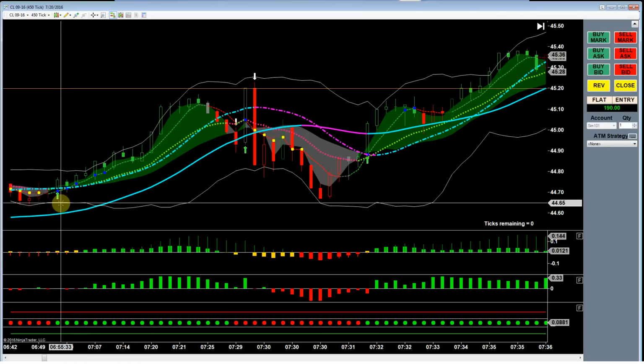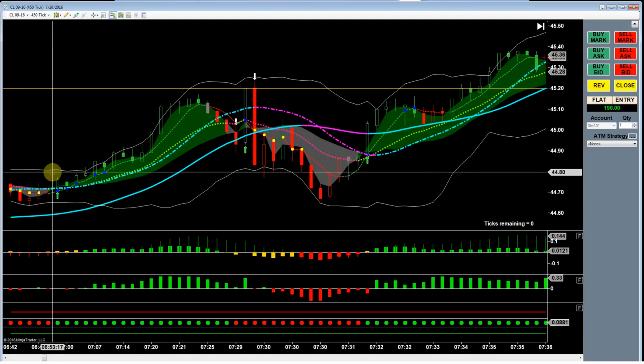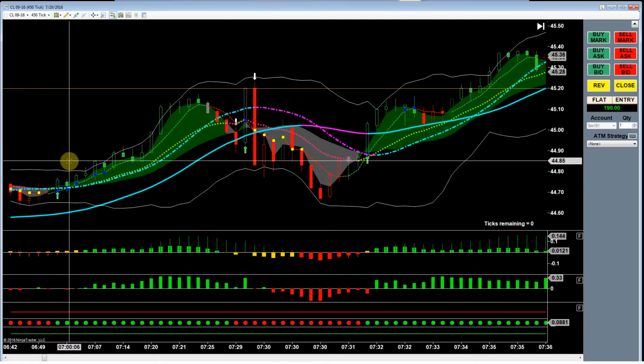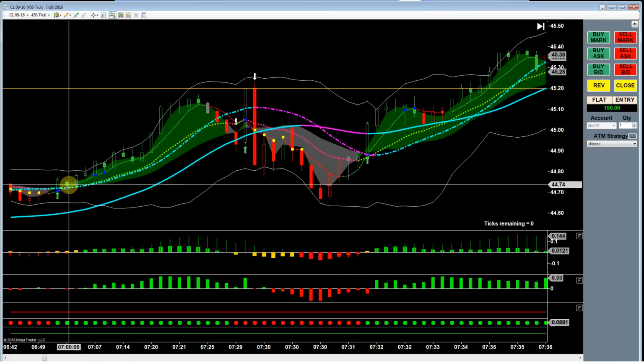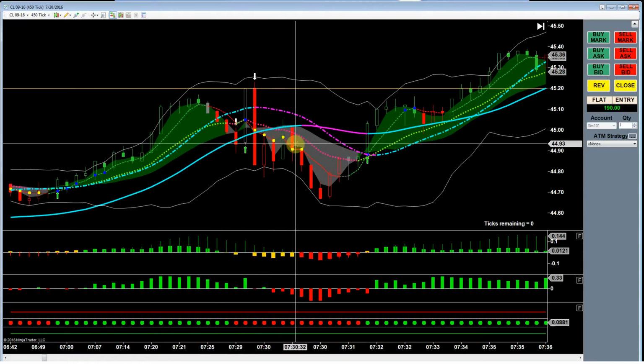When a new trade channel opens, it's alarmed and signaled with this arrow, and all we're looking to do is pull back and buy or sell trades on the signal line that are marked by these blue, or in the case of sell, yellow dots here.